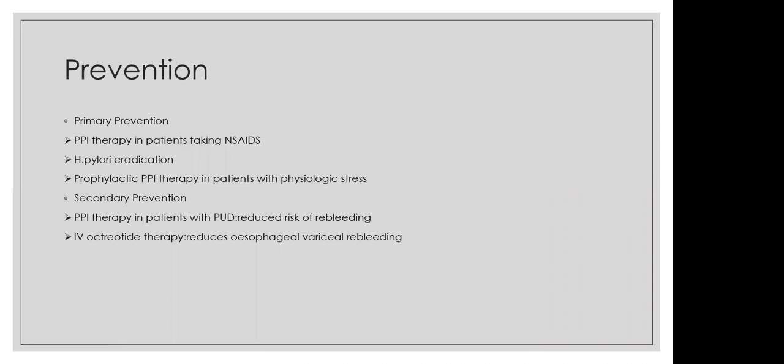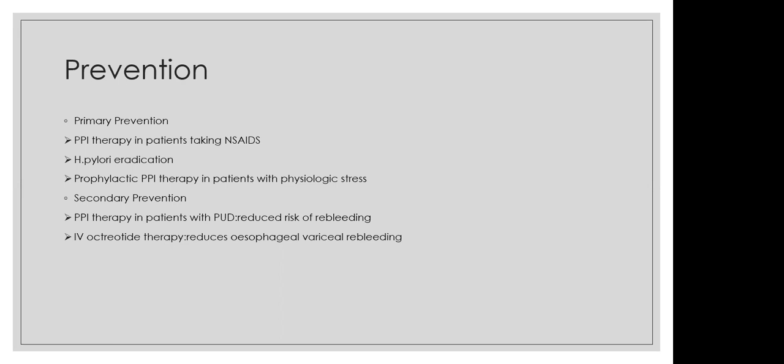And then prevention, I just thought to include this because in upper GI bleed, we have several opportunities to prevent the upper GI bleed in the first place. So there's primary prevention as well as secondary prevention. So proton pump inhibitors in patients taking NSAIDs might help to prevent upper GI bleeds.